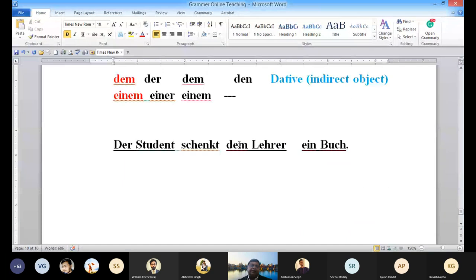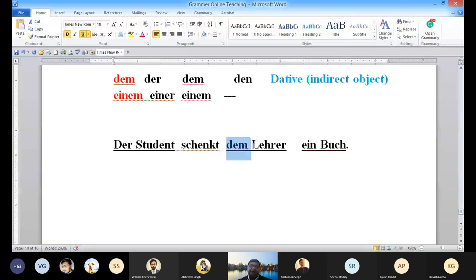As I told in the beginning when I started the class that this German grammar is very close to Sanskrit grammar. And Sanskrit grammar is supposed to be very suitable for computational linguistics or computer language, as well as it is considered very scientific language. So is the case here, because these articles are giving you very important meaning of the noun.